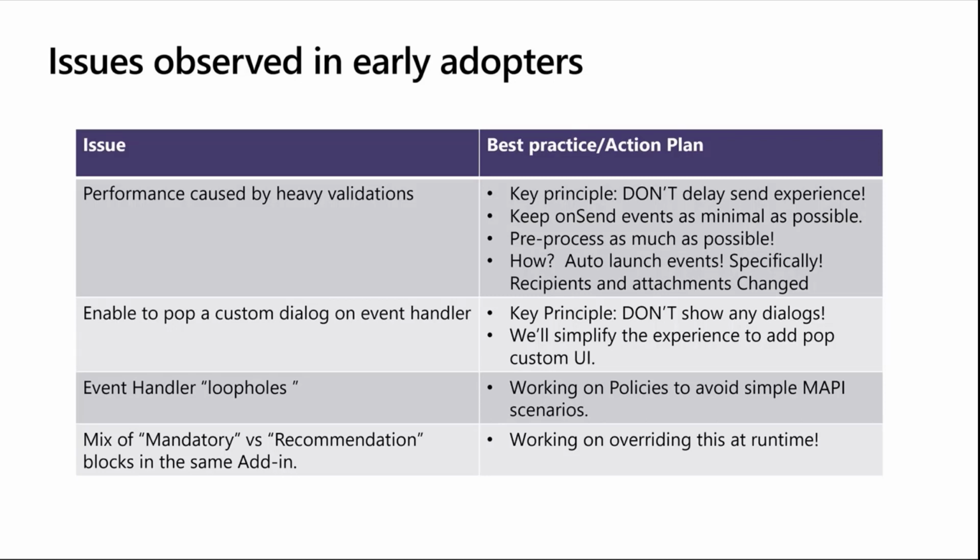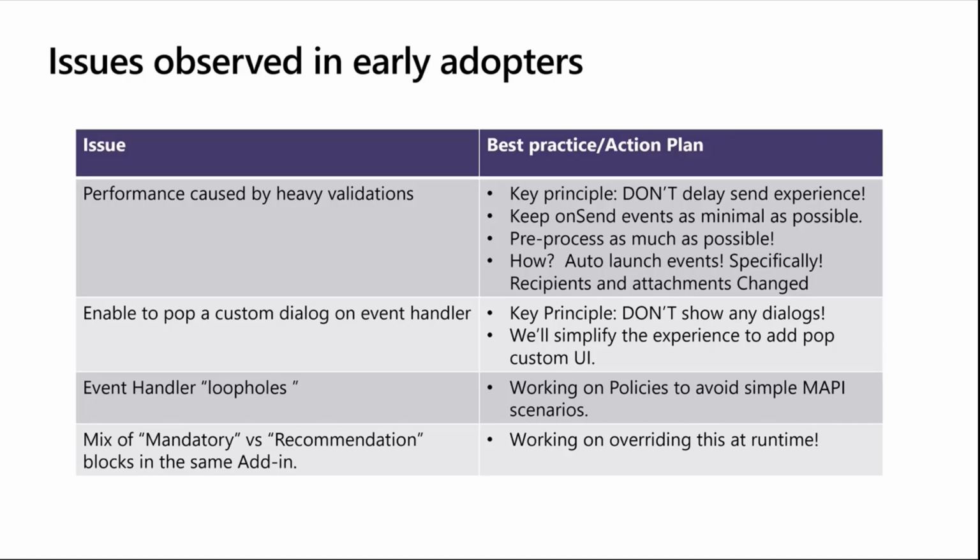So what we're recommending to all these partners, and they have been improving their products very significantly, is that they do pre-checks as much as possible. Keep the on-send event minimal, and then use other auto launch events to help you here. For example, why don't you validate the recipients every time the user is adding them?